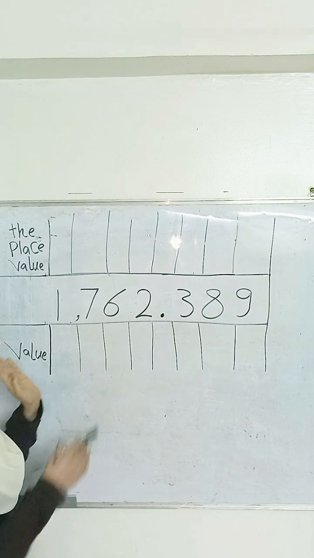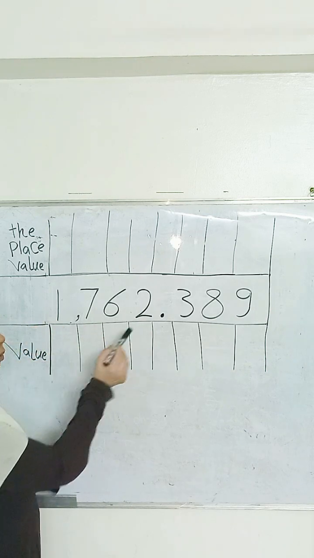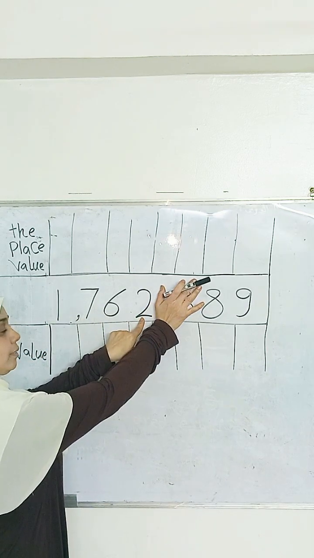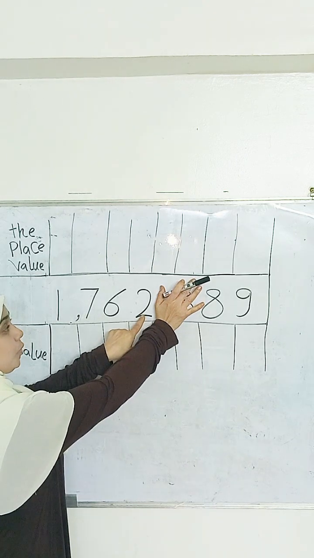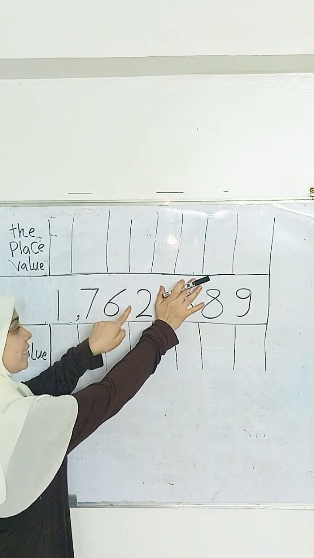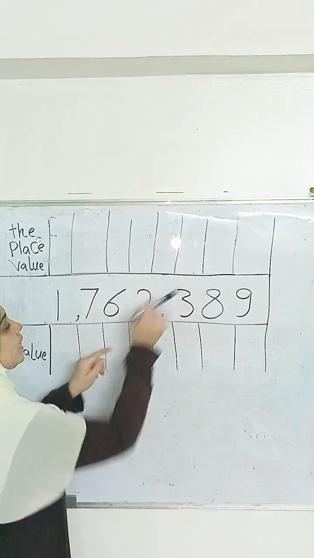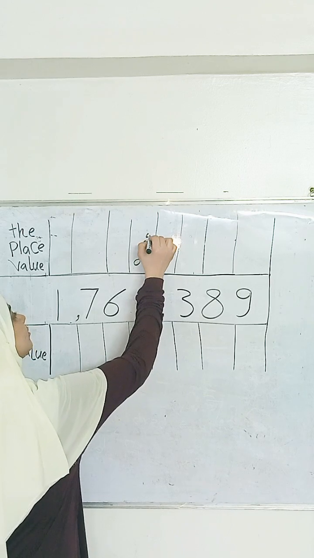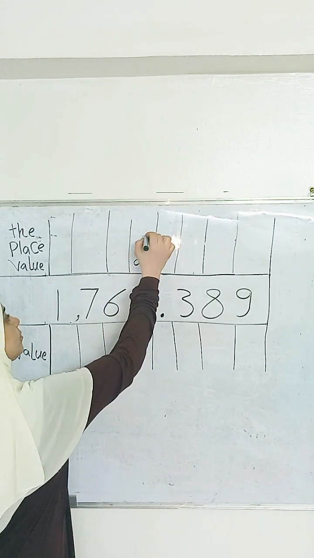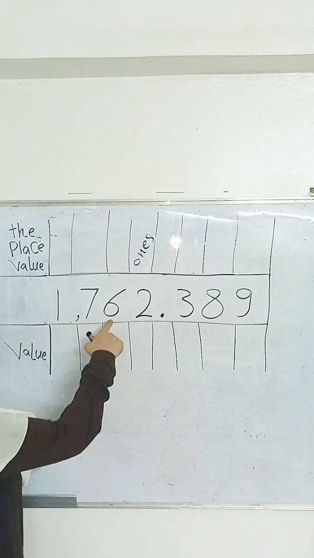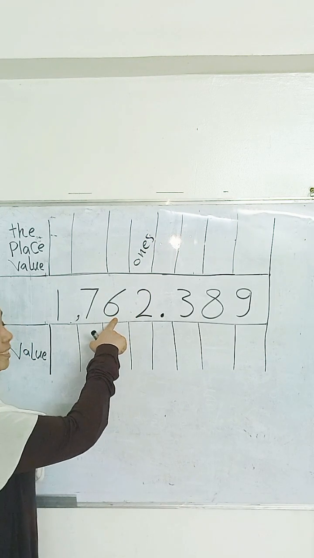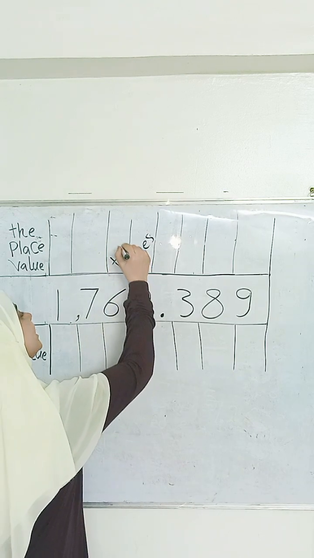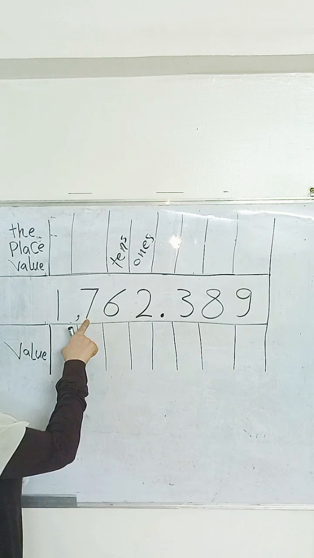Now, let's determine the place value. The whole part first. Look at this part. Where is 2? 2 is in the ones place. What about 6? 6 is in the tens place. What about 7?